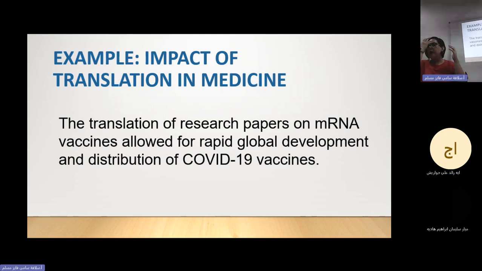So the translator who will become a translator in scientific and technical translation needs to have these special skills, okay? So not everyone, believe me, not everyone can translate technical translation, okay?